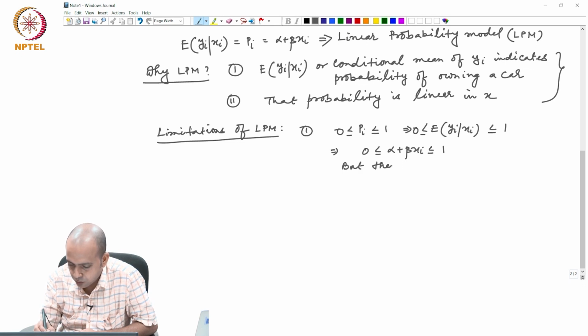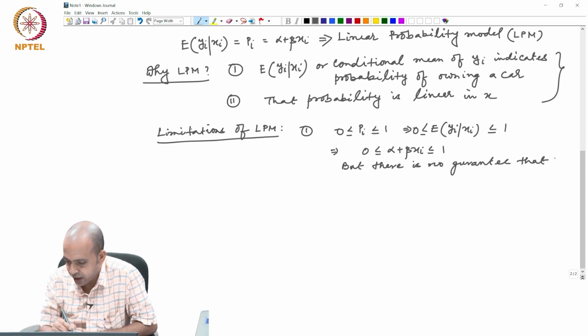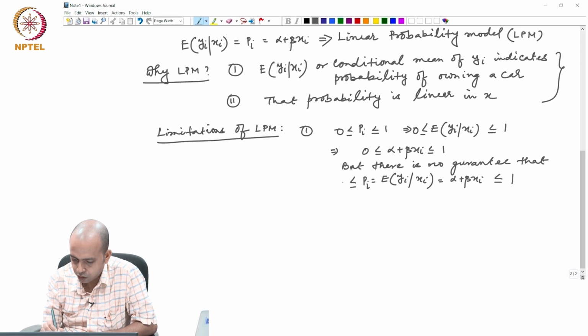There is no guarantee that Pi, or the expectation of yi given xi, alpha plus beta xi, will lie between 0 and 1.